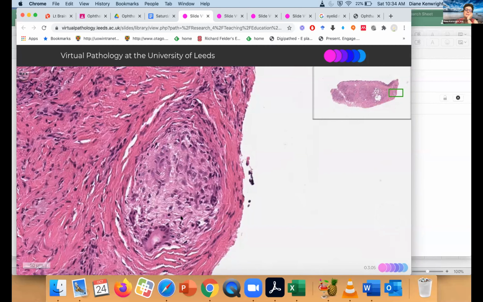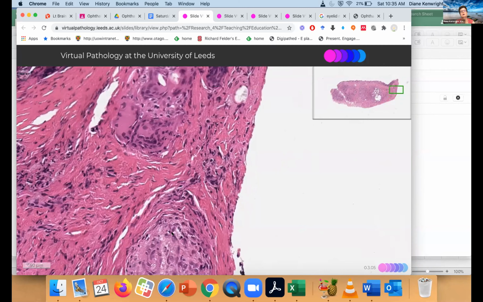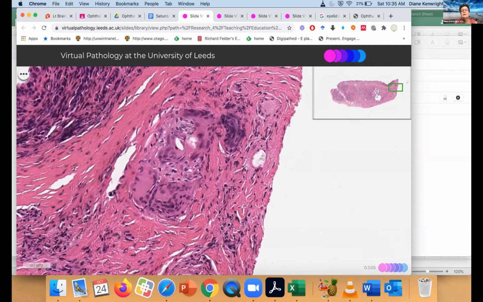Granulomas, as I've mentioned, are a common thing that they are asked to describe. They are epithelioid histiocytes and giant cells in a discrete nodule. And we've talked about granulomatous inflammation before. This is another little fat globule, and these are some lovely giant cells here.